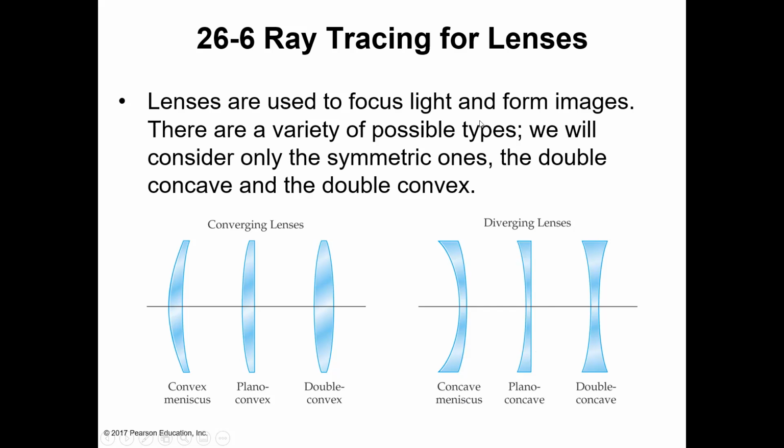Now, what is the purpose of these lenses? We use them all the time, particularly now with handheld devices, computers and smartphones. It really destroys your eyes. When your eyes are destroyed, you need glasses.